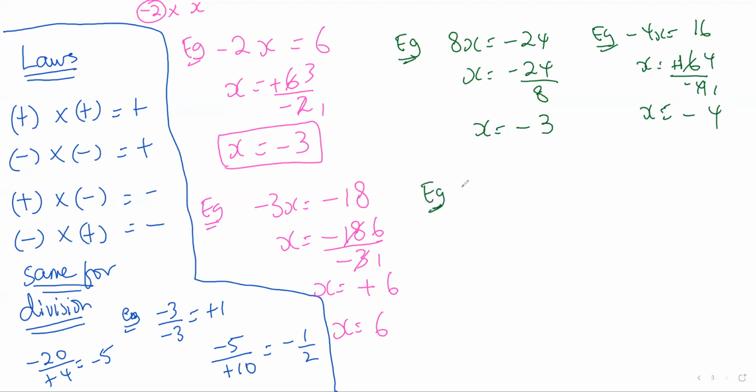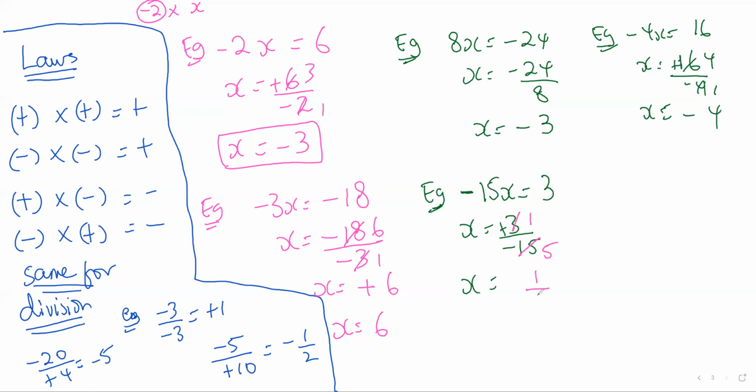Let's look at the next example here now. Let's say -15x equals 3. What are we going to do here? -15 is multiplied by x, so we say x equals 3 over -15. First of all, pay attention to this one. 3 into 3 is 1, 3 into 15 is 5.